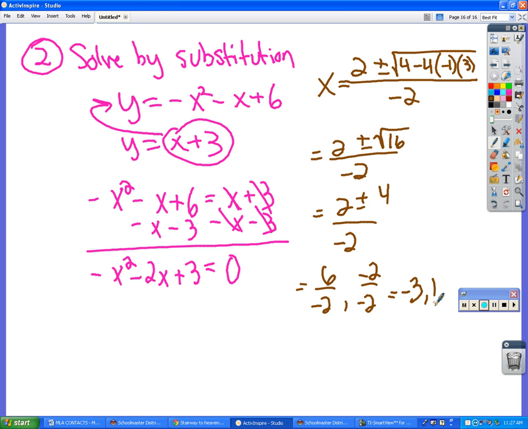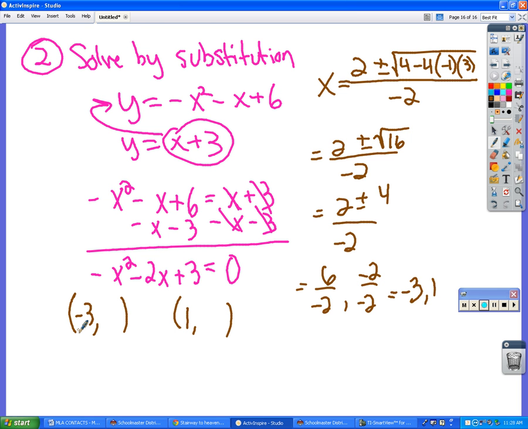Okay, all right, now, we are unfortunately not done. Because what I just figured out was what x equals. But each one of those x's has a y that goes with it, because now we're finding points where graphs intersect. So if I know that x is negative 3, how do I figure out what y is?